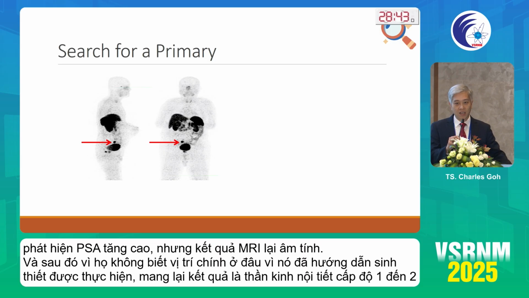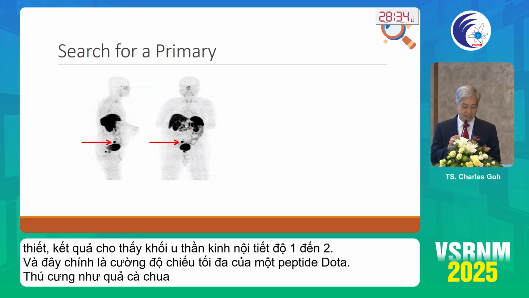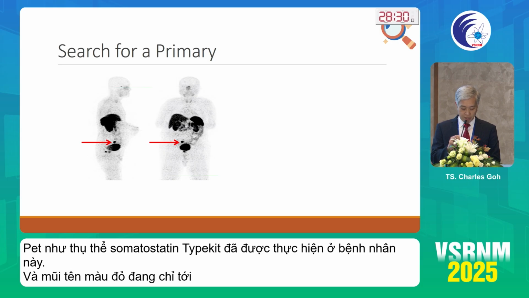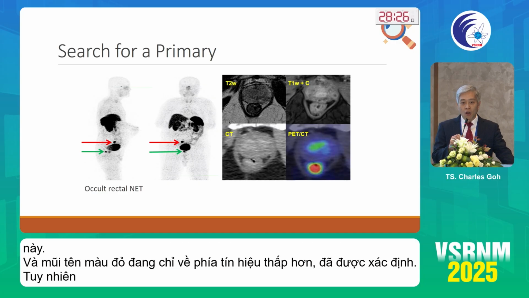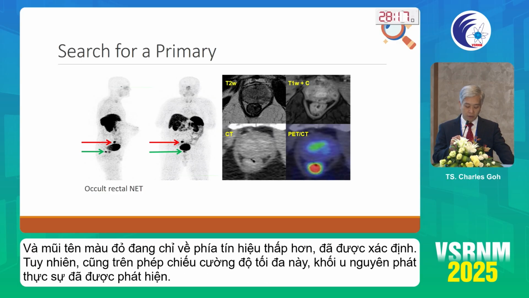This is the maximum intensity projection of a DOTA peptide PET-CT, a somatostatin receptor PET-CT, that was done in this patient. The red arrow is pointing towards the inferior mesenteric node, which was identified. However, also on the same maximum intensity projection, the primary tumor was actually revealed. So this patient had an occult rectal neuroendocrine tumor.